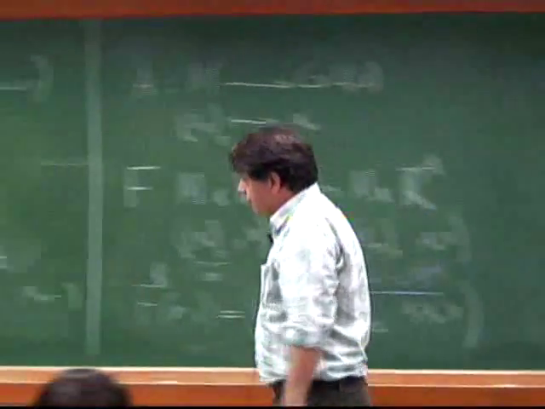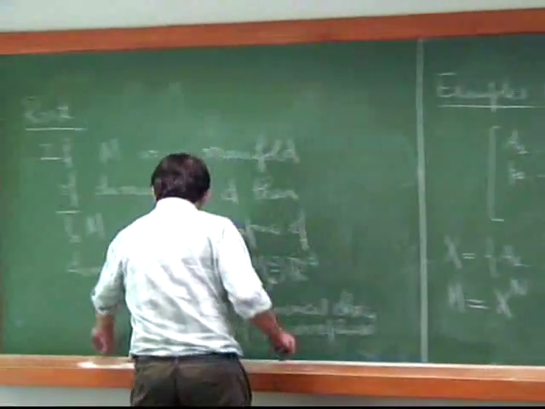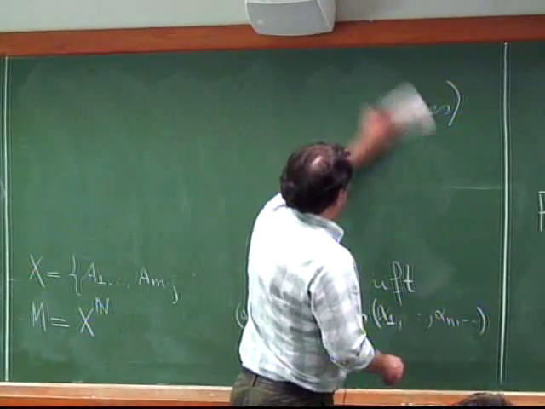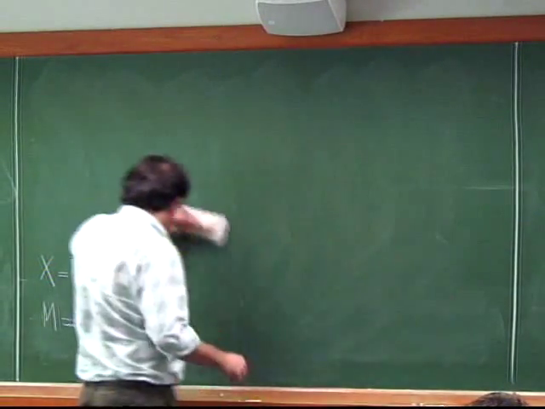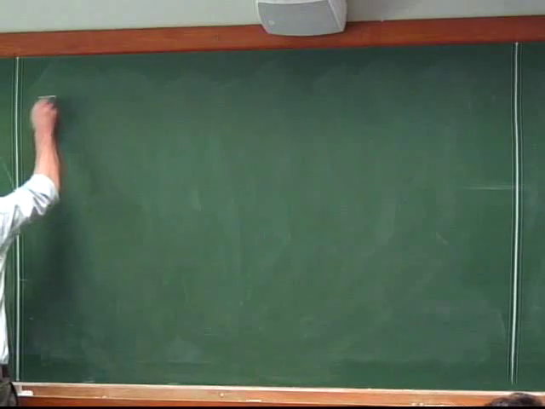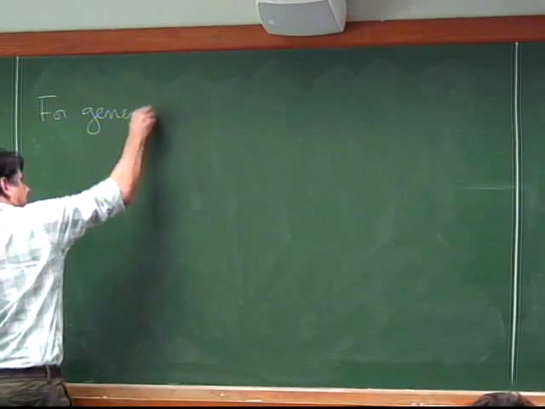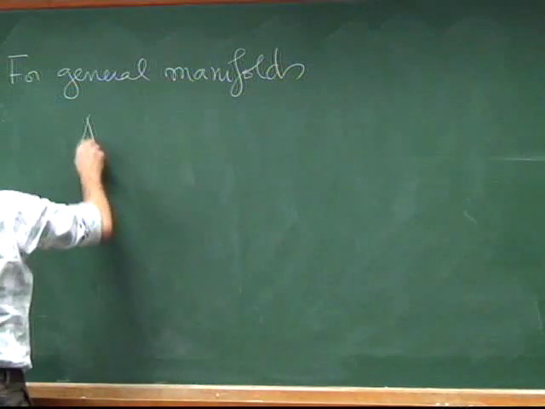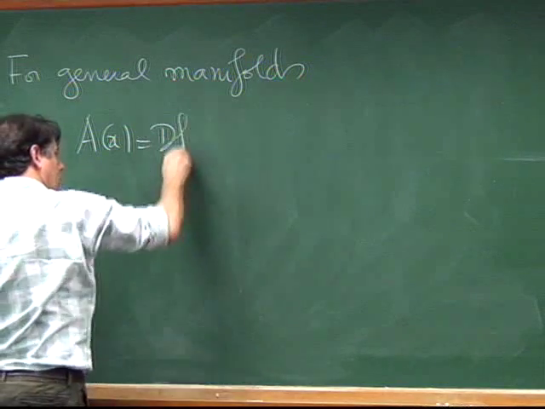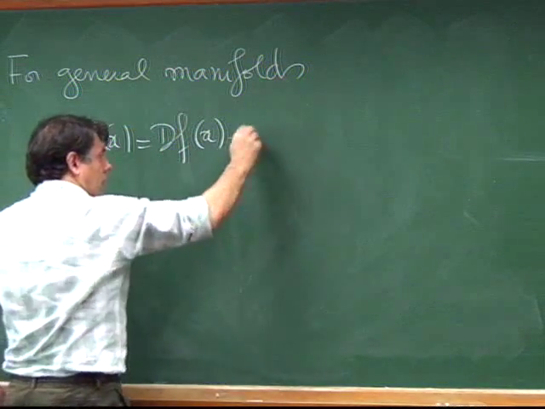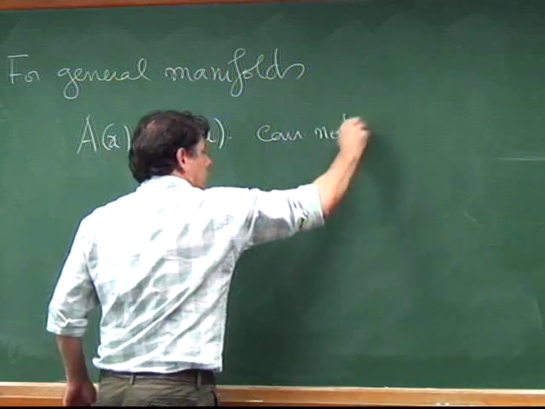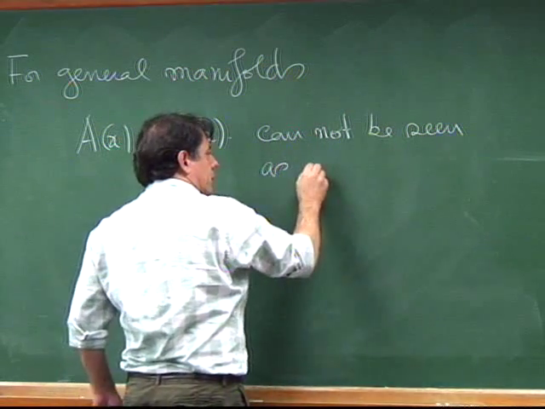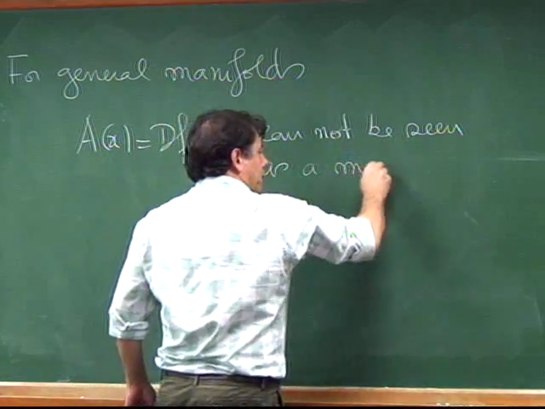So for general manifolds, A of x, the derivative, cannot be seen as a matrix.